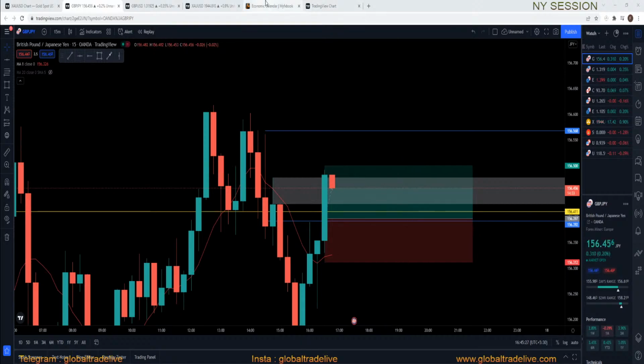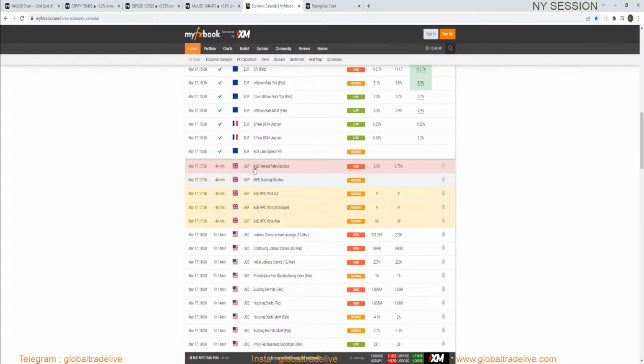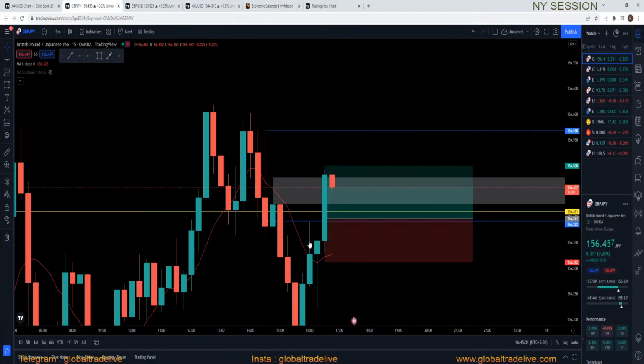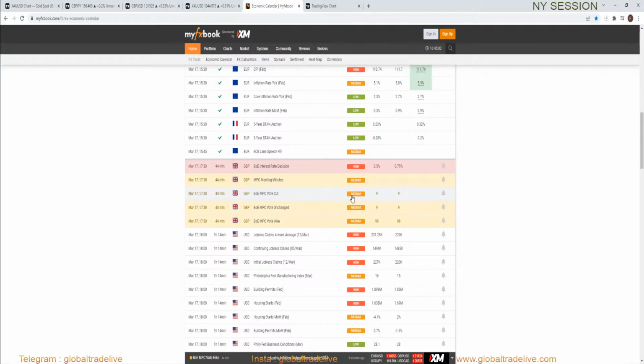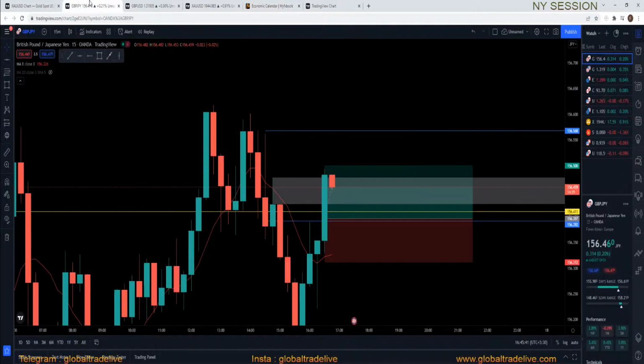Because we are having 45 minutes now to trade GBP pairs. So what should I do? I think GBP interest rates are increasing, right? So if the interest rates are increasing, that means GBP should be getting strong, and which will take the GBP all the way up.